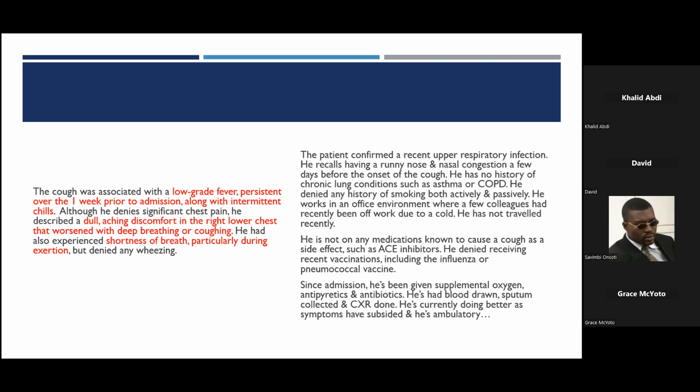He describes it as a dull, aching discomfort in the right lower chest that worsens with deep breathing or coughing. This is pleuritic. David had mentioned that before. Or pleurisy. Moving on, he also experienced shortness of breath, particularly during exertion, but denied any wheezing. So yes, asthma is safely ruled out.